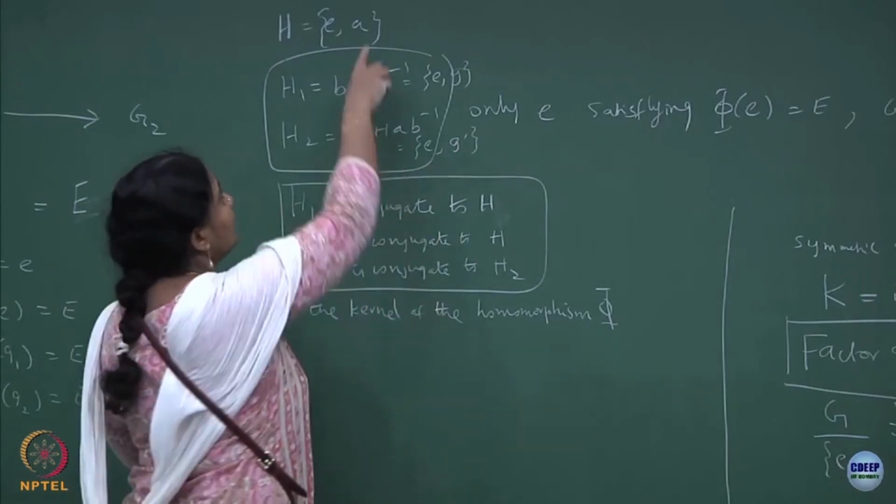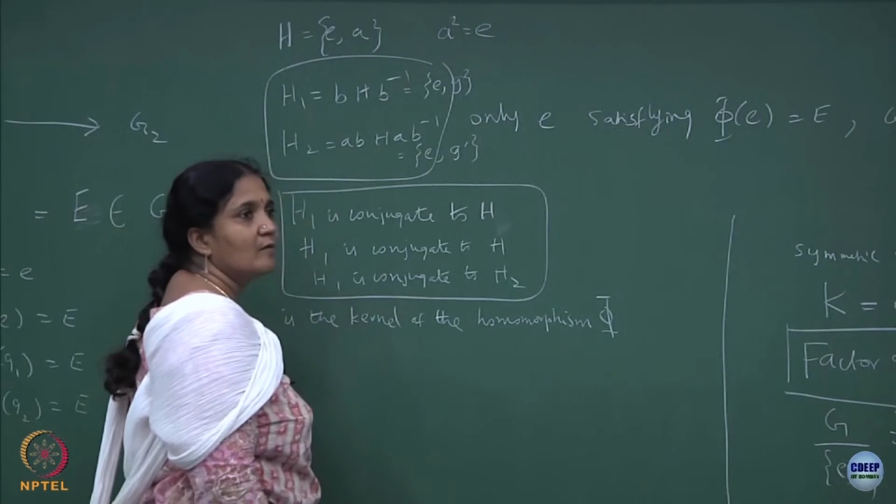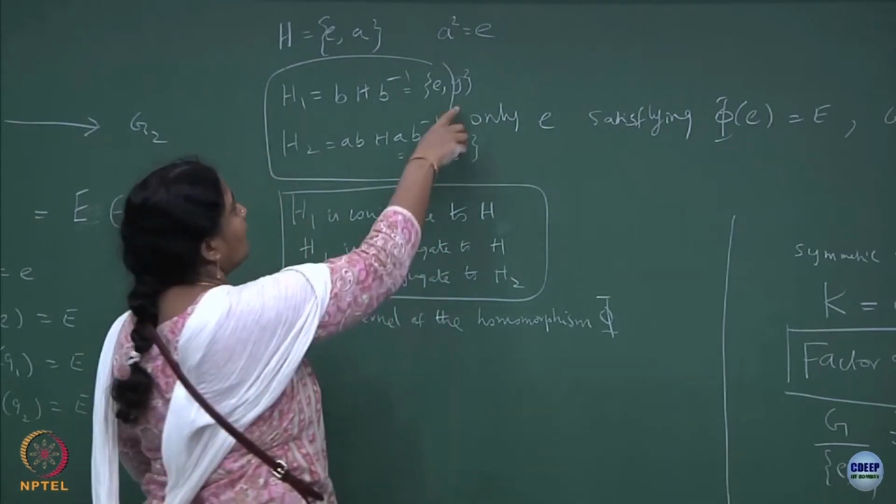A had order 2, A squared equal to identity. And how can you find G?